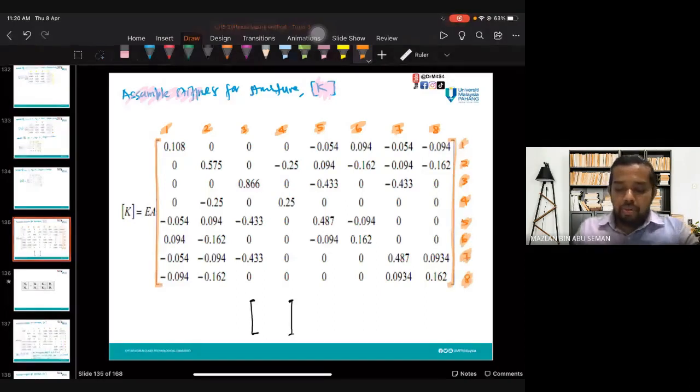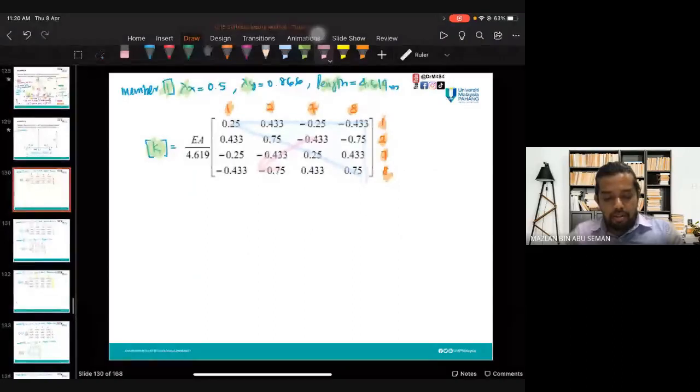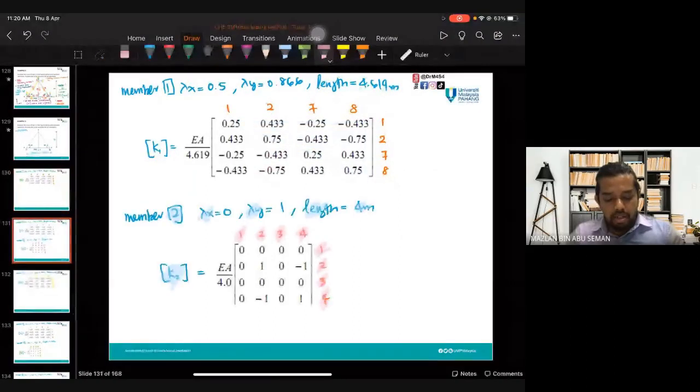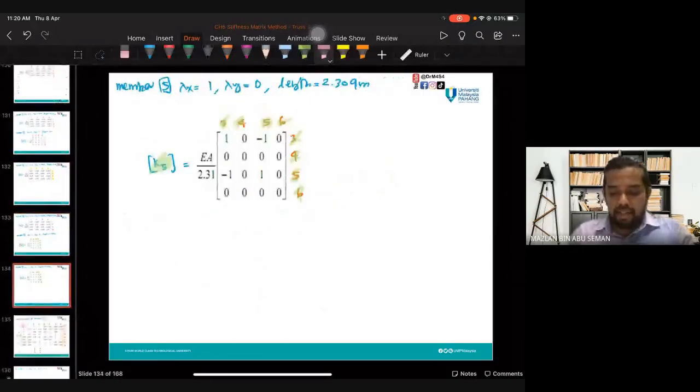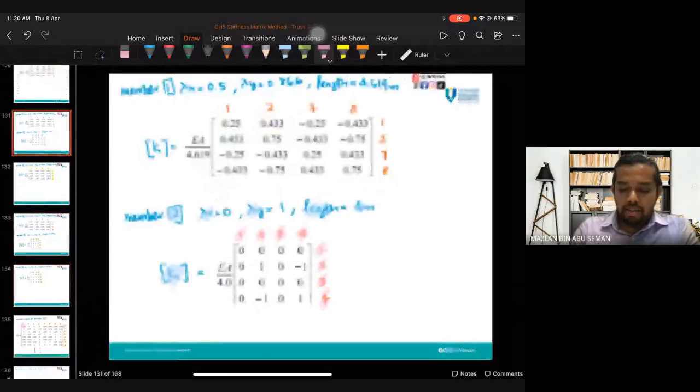So hopefully you know how to assemble this. For example, we want to know what the value is here. We don't know yet. The position for that one is column 1, row 1. So please refer back to matrices K1, K2, K3, K4, and K5. Identify in those matrices whether we have location 1, 1.